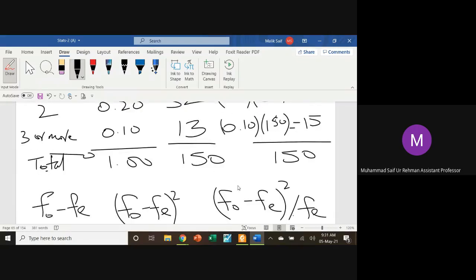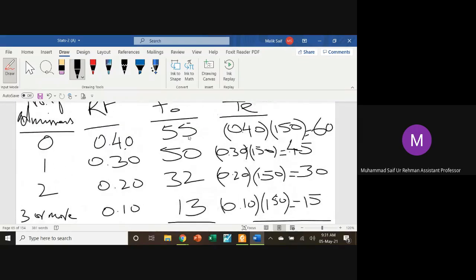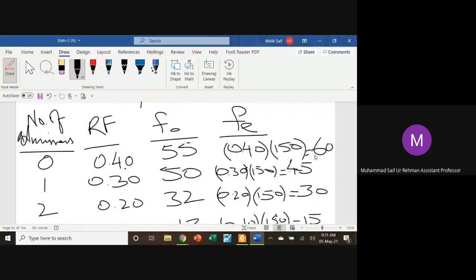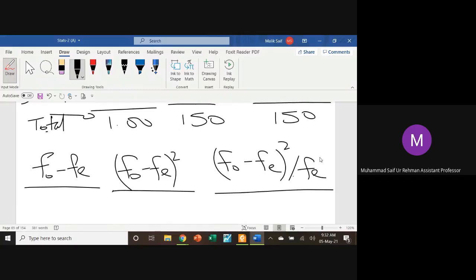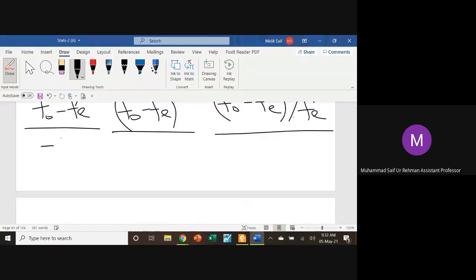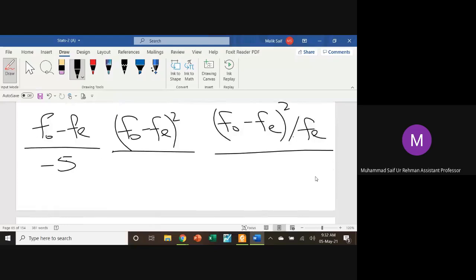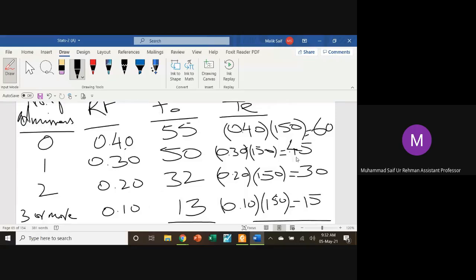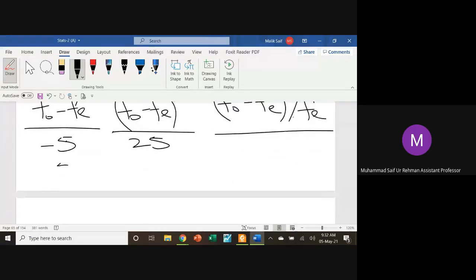So let us see: F naught 55 minus 60, the answer is minus 5. Then you will take the square of this, so it will become 25. 50 minus 45, again 5 but with positive sign, and when you take the square the answer is 25.